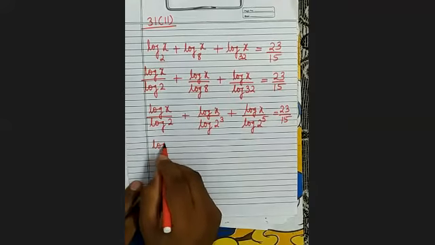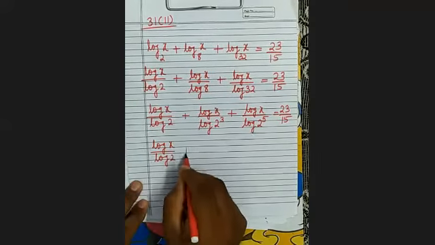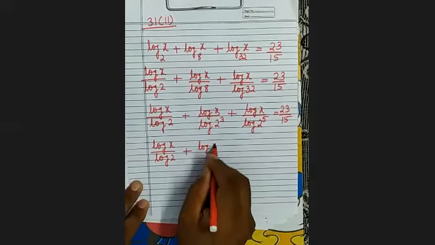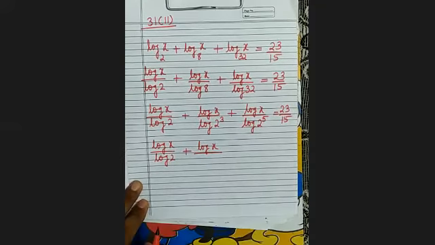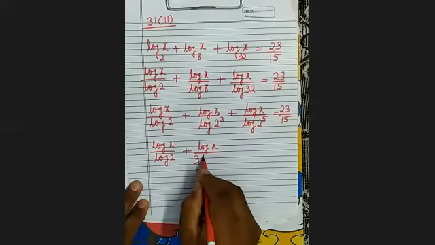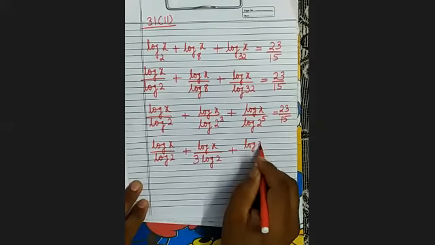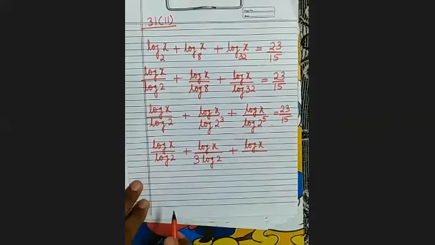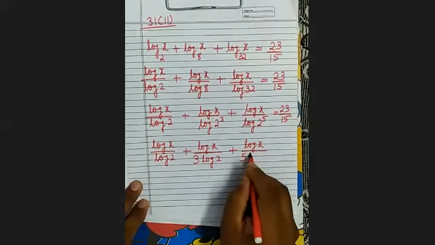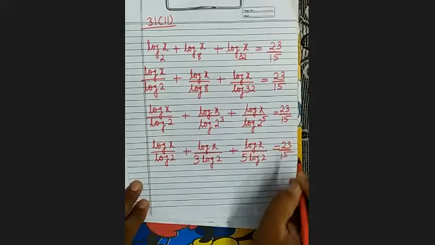So this can be written as log x upon log 2, log x, and the denominator you can write what? Who can tell? 3 log 2, and here 5 log 2, equals 23 upon 15.